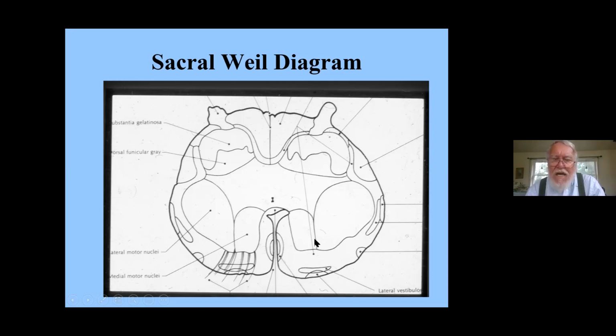Then anterior to the ventral horn is the anterior spinothalamic tract, here and here.